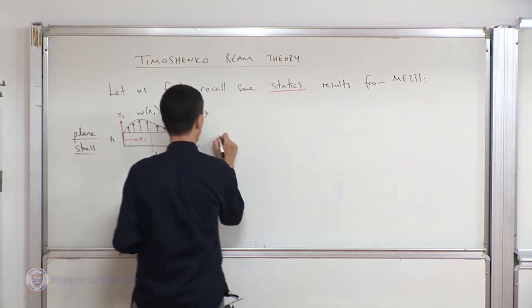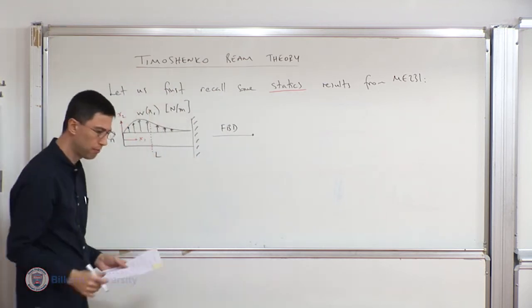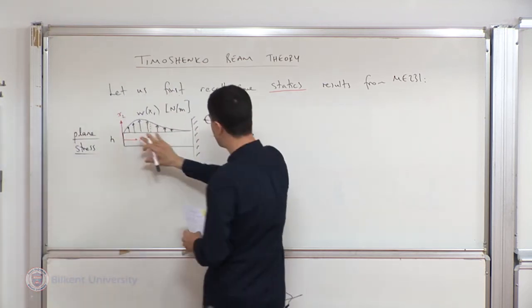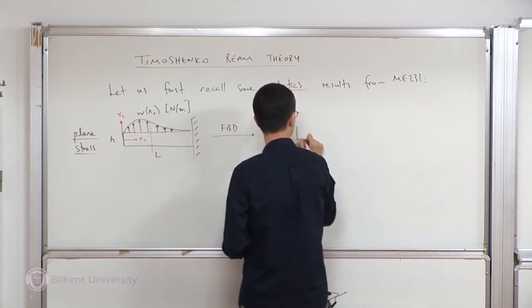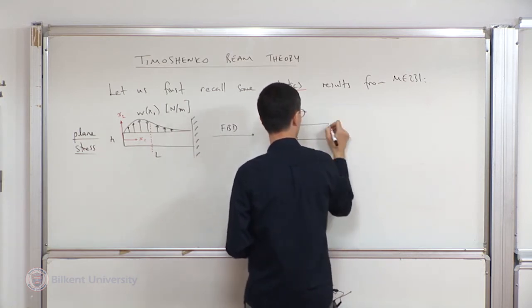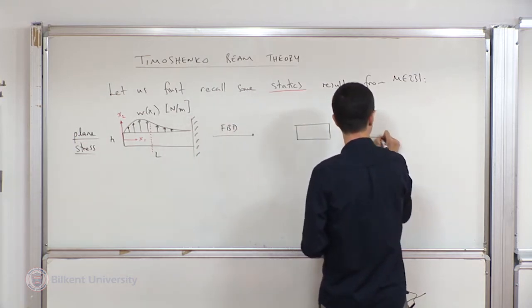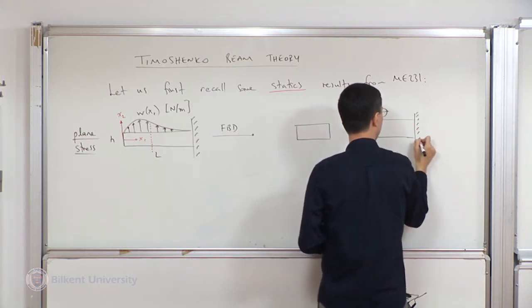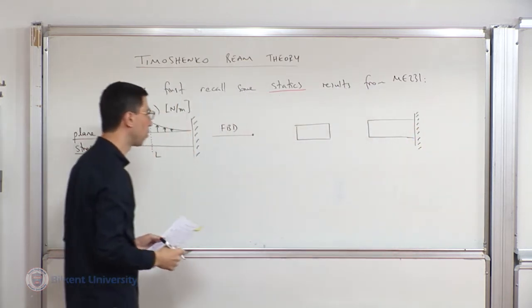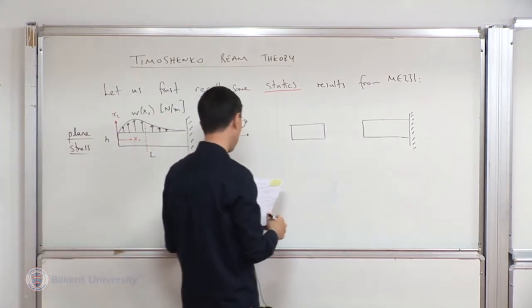Then I will draw a sort of free body diagram. When I take the cut, first I will look at the left part, and also the right-hand side. I'm saying sort of a free body diagram because I will keep the support fixed. I'm not going to draw explicitly or indicate the support reactions. I don't need them at this stage.